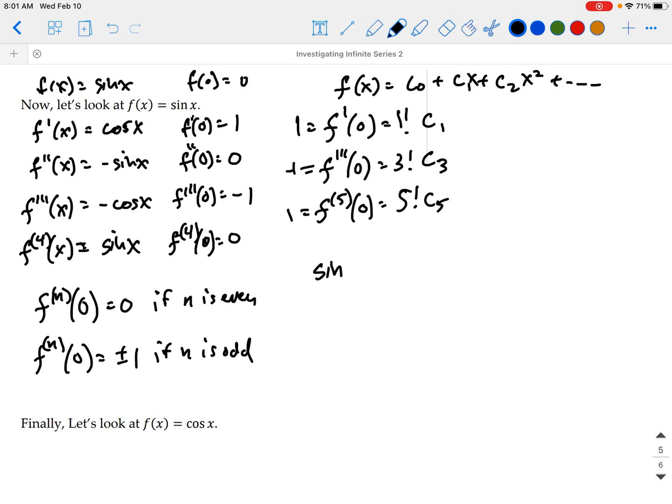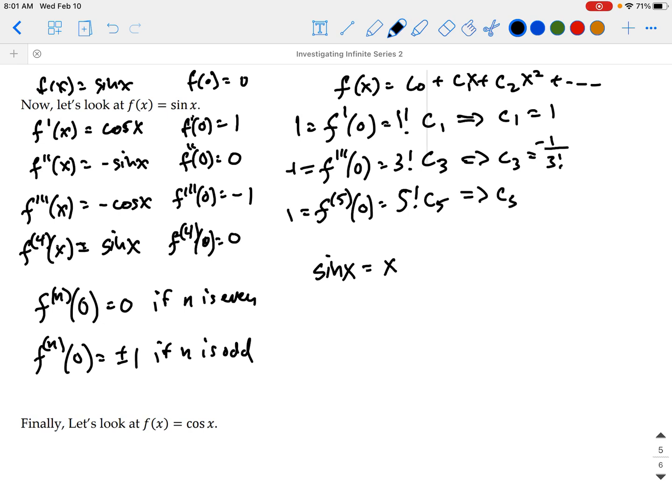So what we're going to end up with then is that sine of x is going to equal, so the first term is 0, but f prime of 0, which is our c sub 1 term, is just going to be 1. So that's going to just be x. So now c sub 1 is 1. C sub 3 is 1 over 3 factorial.